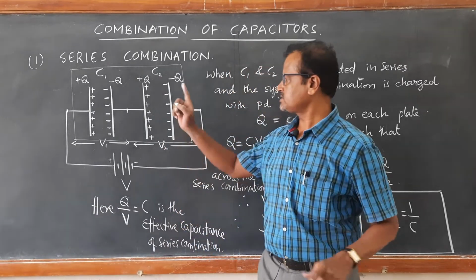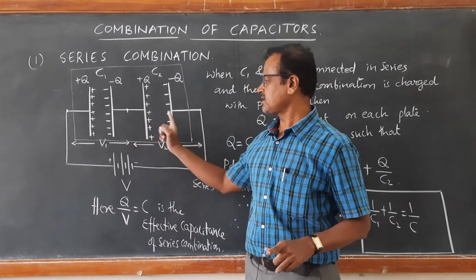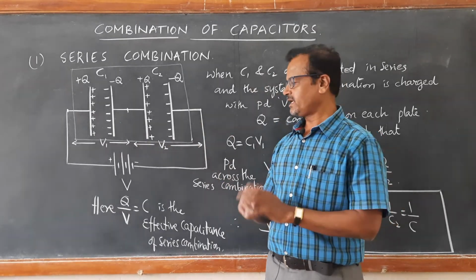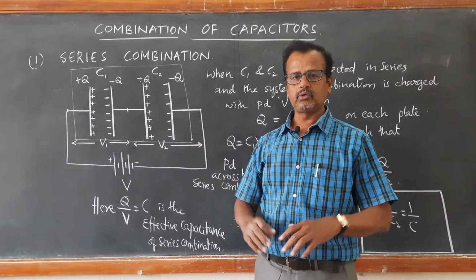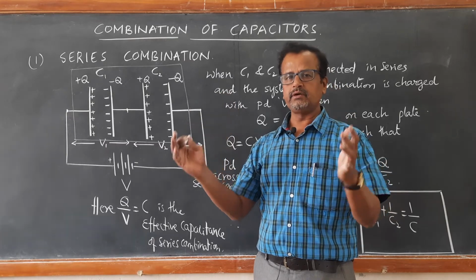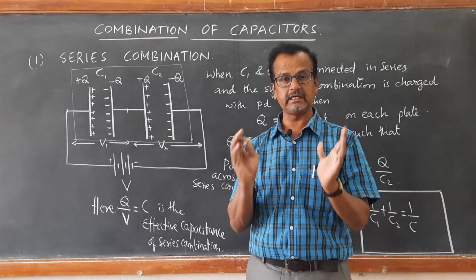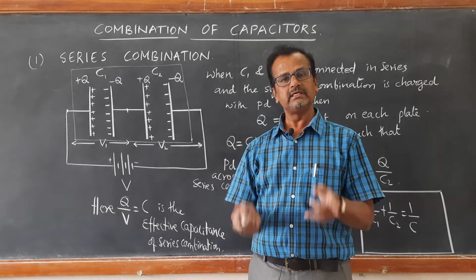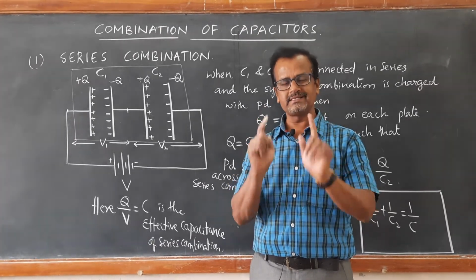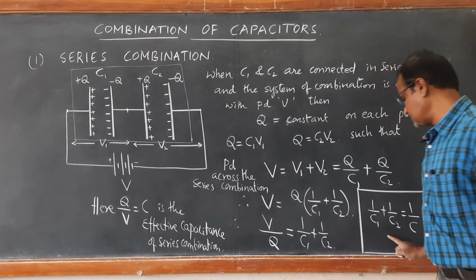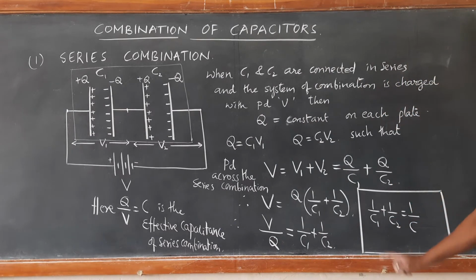So, when the capacitors are connected in series, then the total effective capacitance of the system of capacitors connected in series is given by 1 by C is equal to 1 by C1 plus 1 by C2.